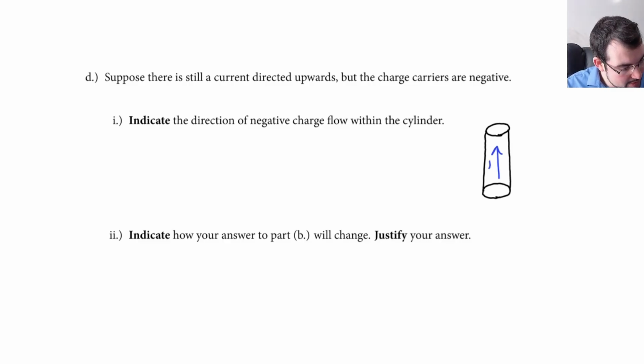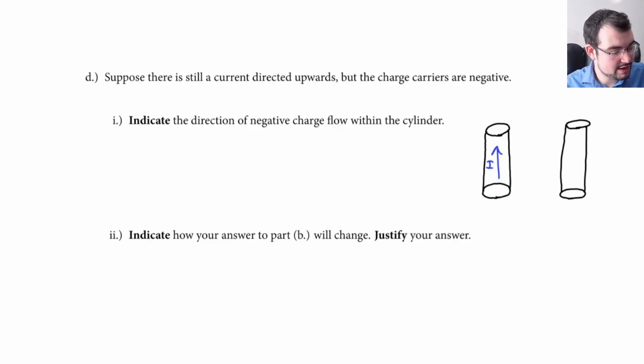But remember that sometimes instead of looking at the actual current, we want to look at what way charges are actually moving. So you can generate a current towards the top of the screen by having positives move up, but negatives could also do it. If positives would move up to generate this current, it must actually be negative charges moving down if you have negatives generating that. So remember, electron flow is opposite conventional current.